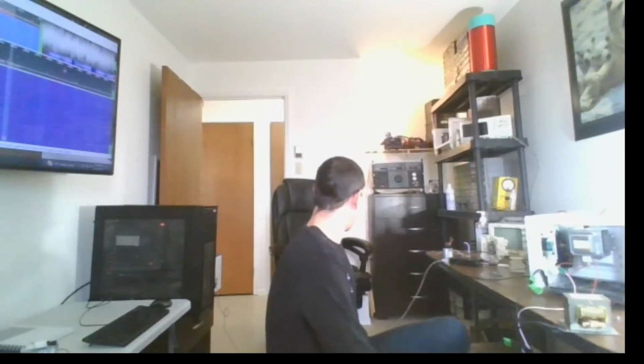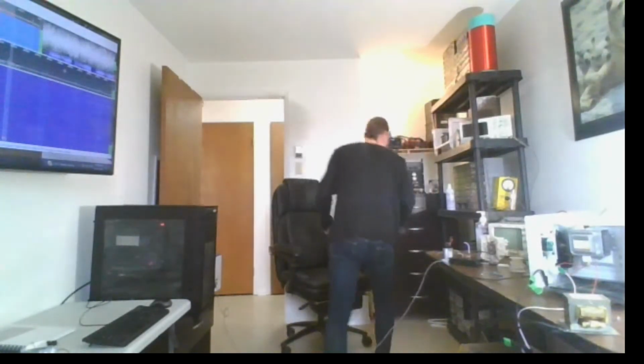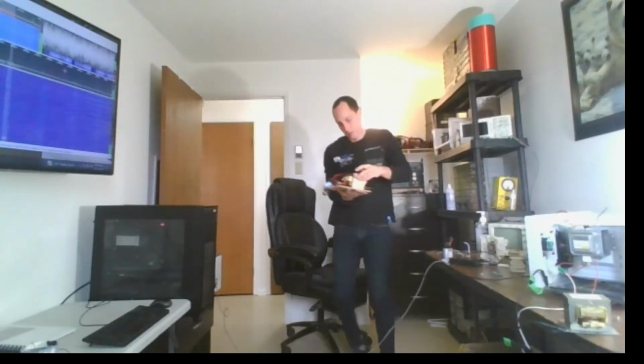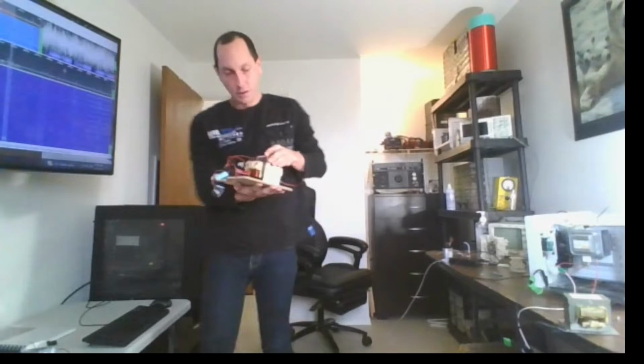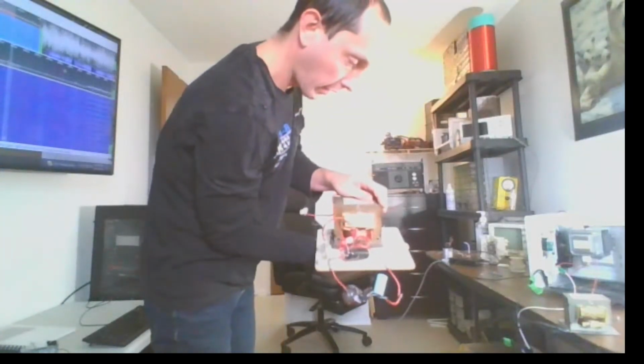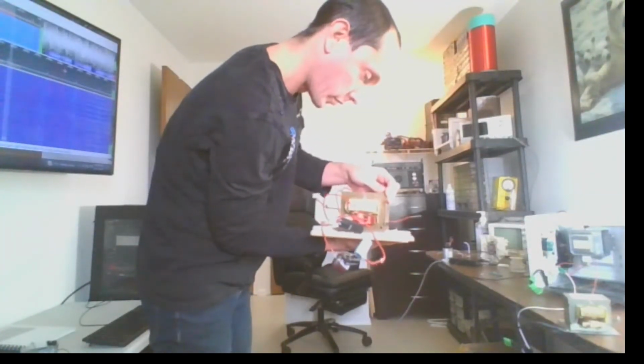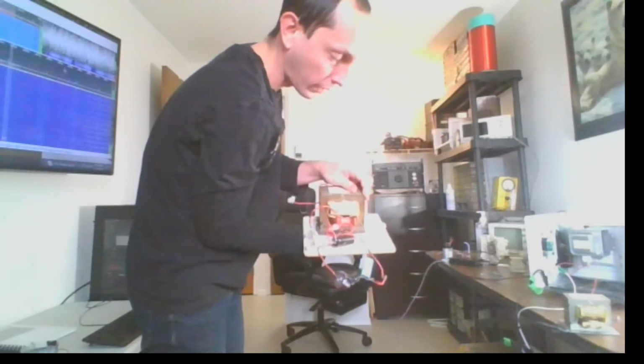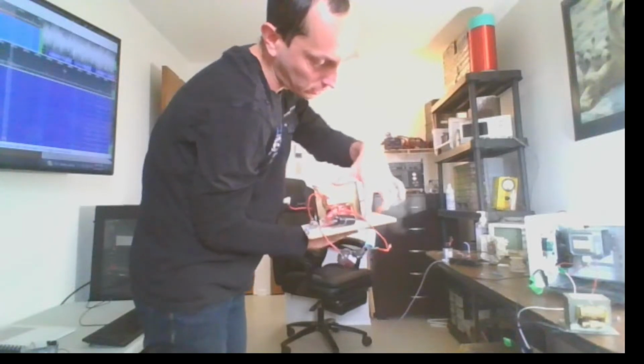I wrote it down because I forgot what it was. Right here. So I was feeding this with a high voltage zero current transformer. It took about a second to load these capacitors, and together I was getting 28 UF at 1 kilovolt.